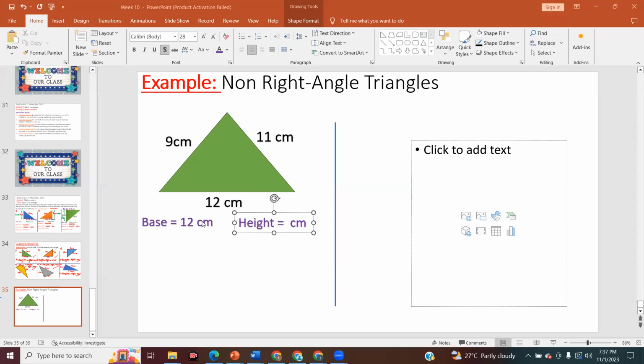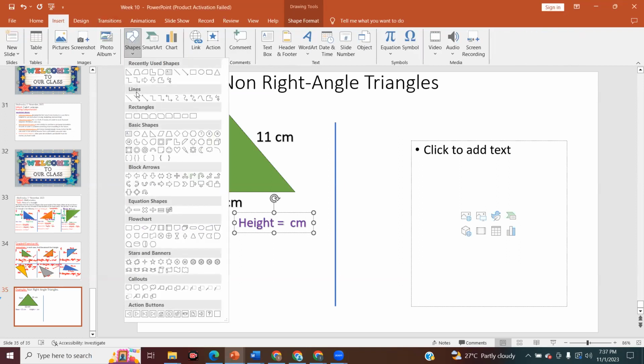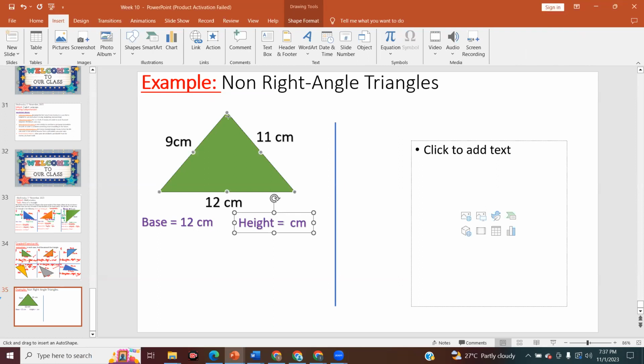No. All right, so first of all, all y'all fall into the trick. The reality is that for this triangle, I did not give you any height. The height is actually this.